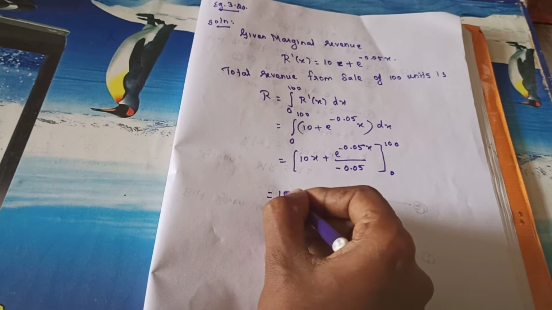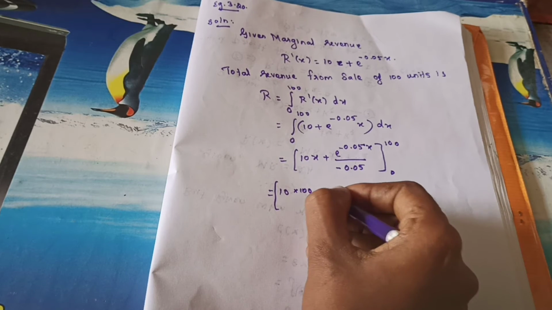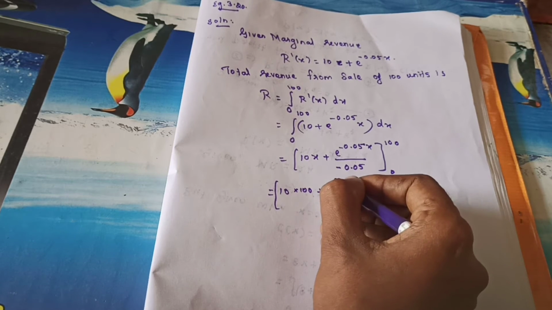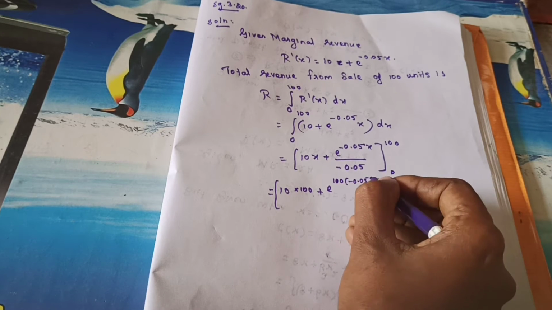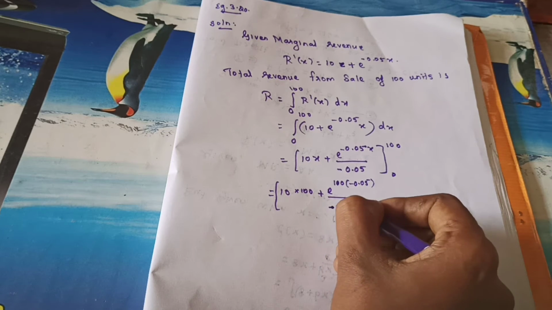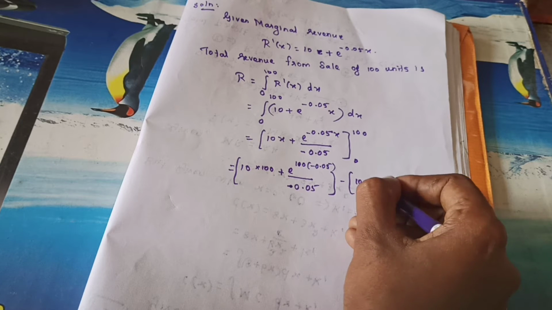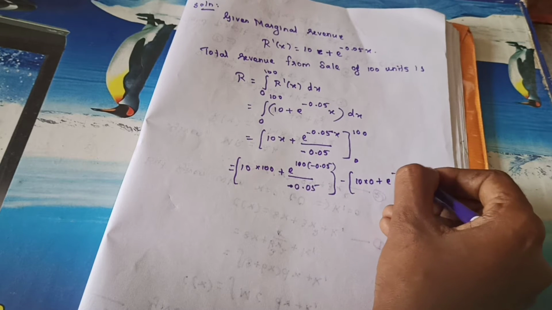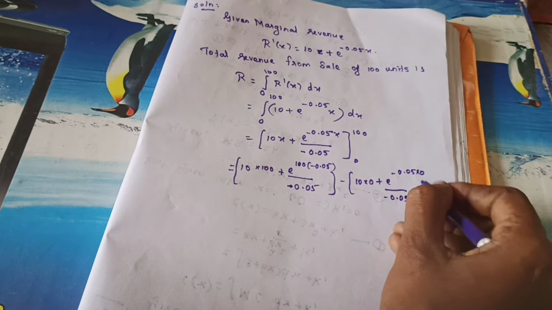Now apply the limit. 10 into 100 plus e power 100 into minus 0.05 divided by minus 0.05, minus 10 into 0 plus e power minus 0.05 into 0 divided by minus 0.05.